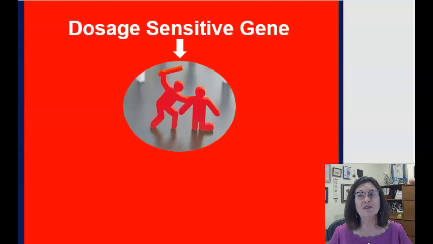Then there are the dosage sensitive genes, which do cause a problem. But even within the group of dosage-sensitive genes, there's a lot of variability with what percent of the people those genes cause a problem in, because it's not always, or not usually, 100%.